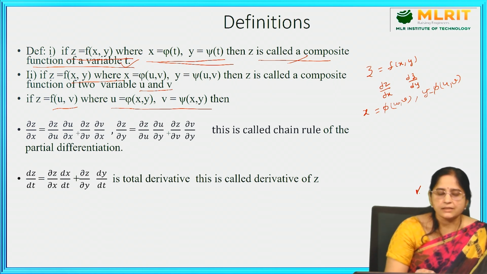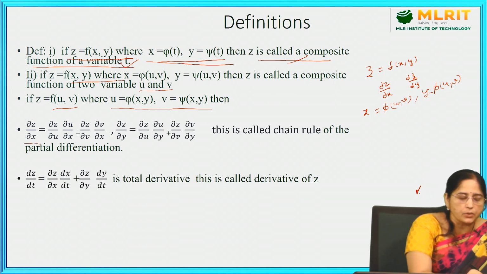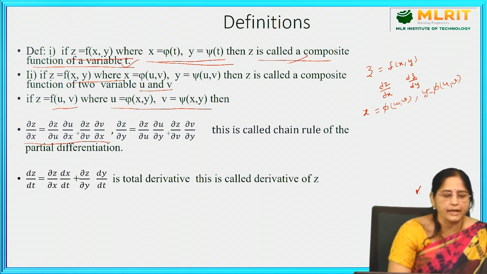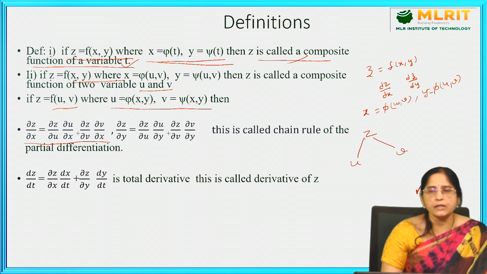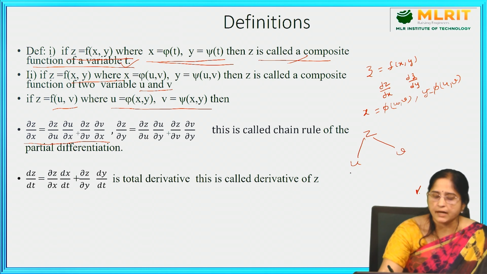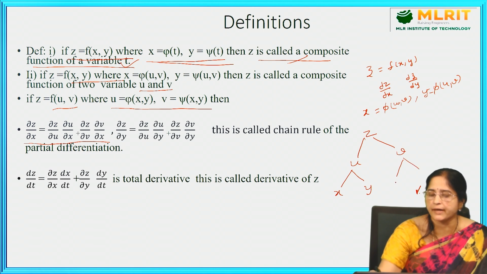In that case, if you want to find dou z by dou x, here z is a function of u comma v, and again u and v are functions of x comma y. u is a function of x comma y, and v is a function of x comma y.